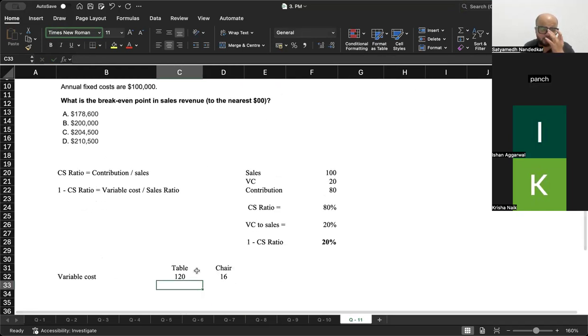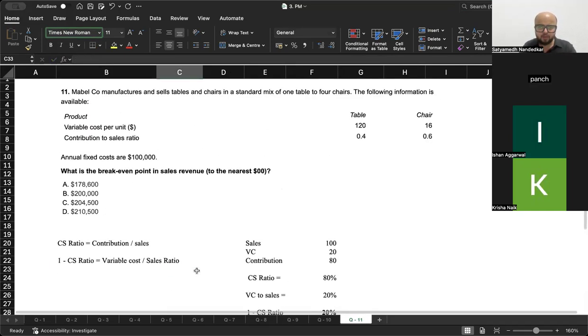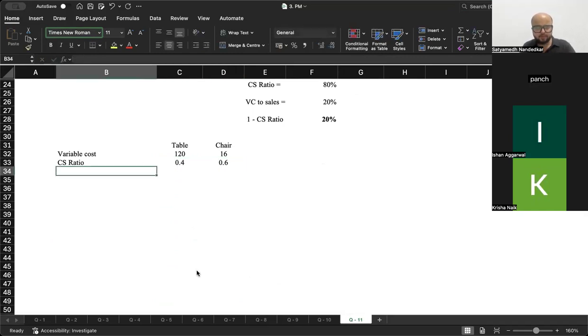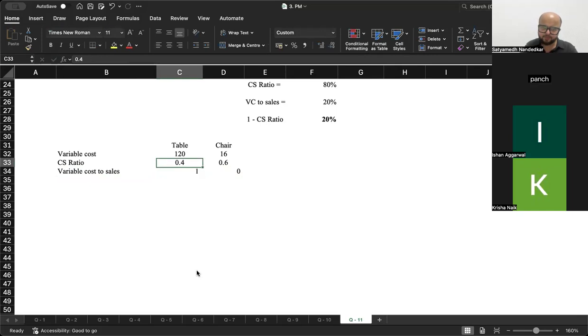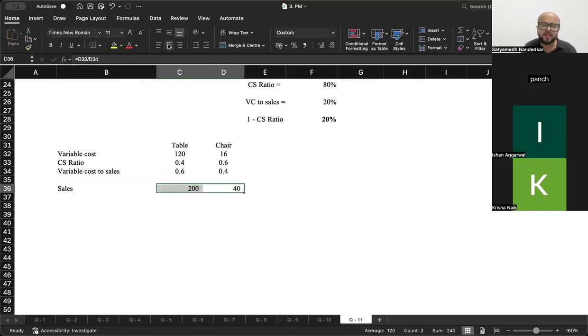Now contribution to sales ratio is 0.4 and 0.6. Variable cost to sales will be 1 minus this. Now you have the variable cost to sales ratio and you have the variable cost. Can you get the sales for this? 120 upon 0.6, and does this make sense?